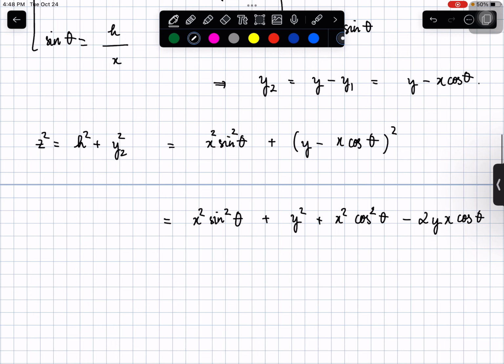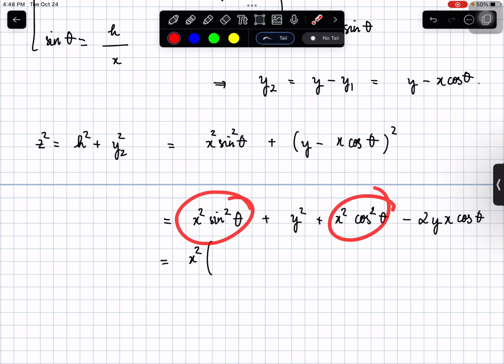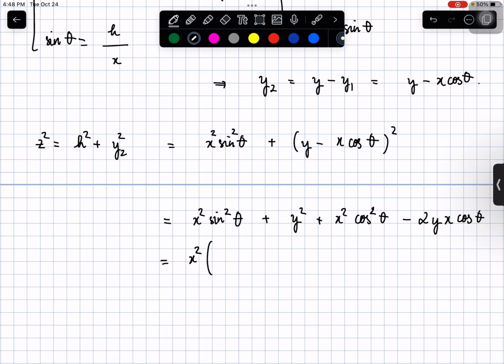What is this? We have x squared here, right? Inside we have x squared sine squared theta and x squared cosine squared theta, which give us this, and then y squared, and then minus 2 times x times y times cosine of theta. We use commutativity here, since they are all just real numbers.